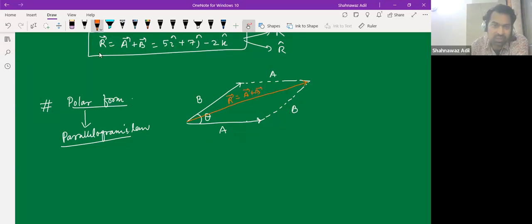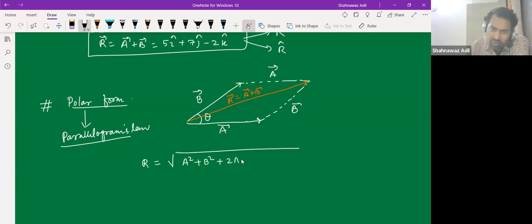Okay, so that is how we get the resultant of two vectors with the parallelogram law, right? And the magnitude of R is given by the root of magnitude of A squared plus magnitude of B squared plus 2AB cos theta.